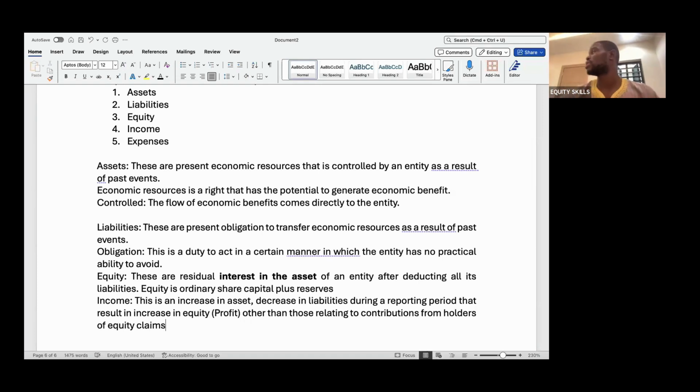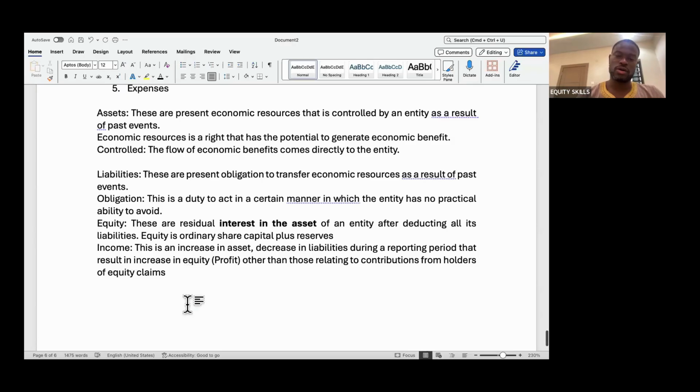Which means that this increase in equity here has nothing to do with contributions from holders of equity claims, right? So that is income.